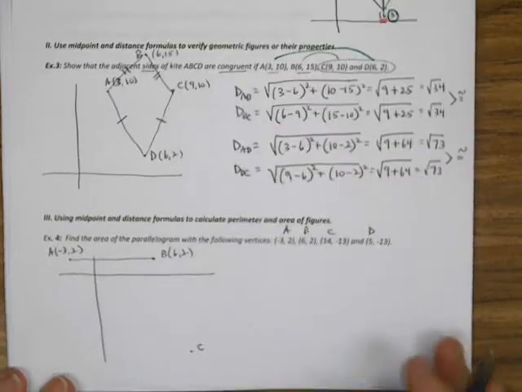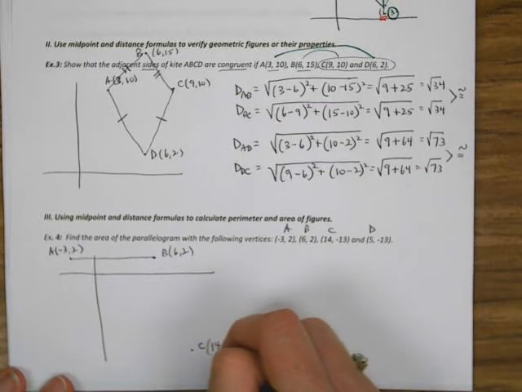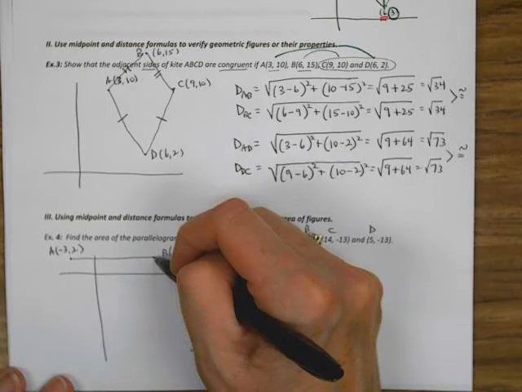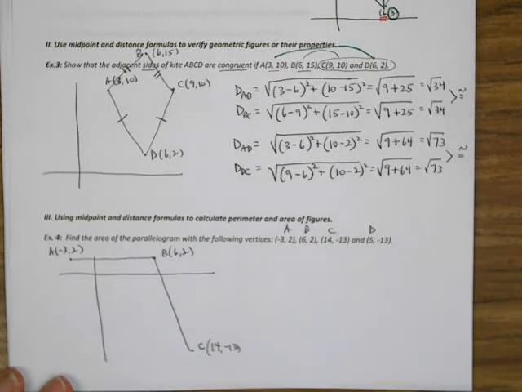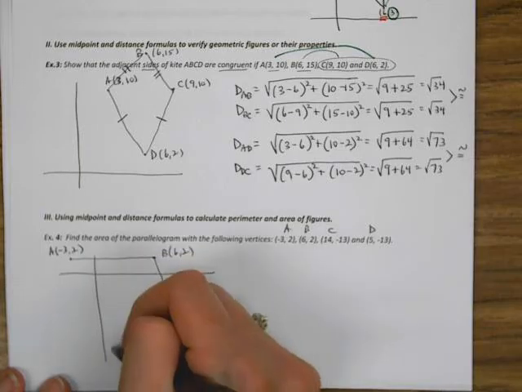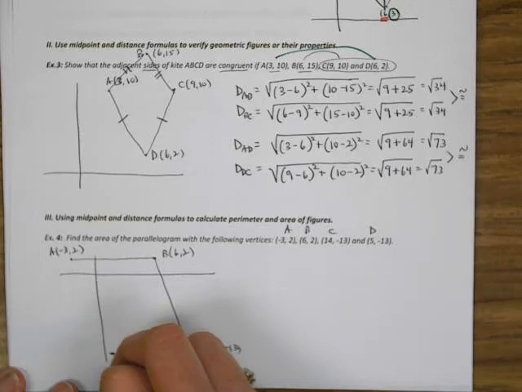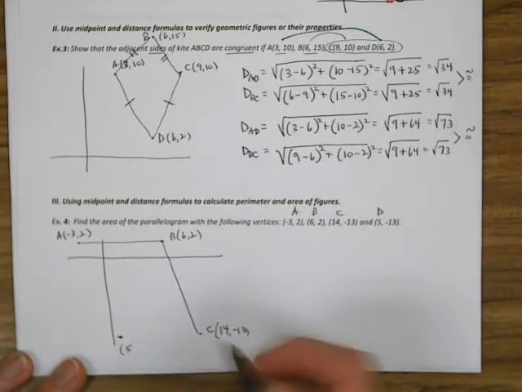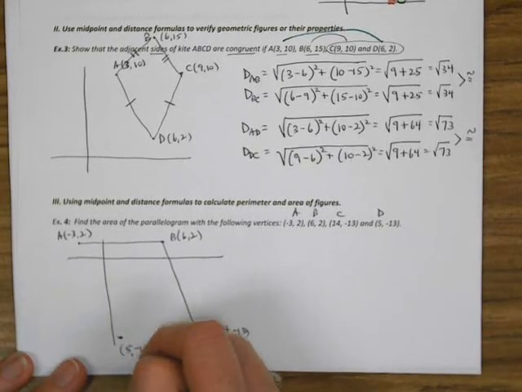Am I still on the screen here? 14, -13. And then 5, -13 would be somewhere back here. Trying to make it look like a parallelogram.